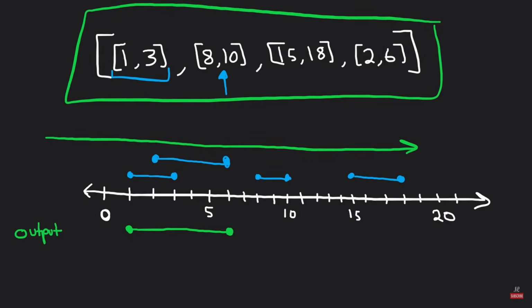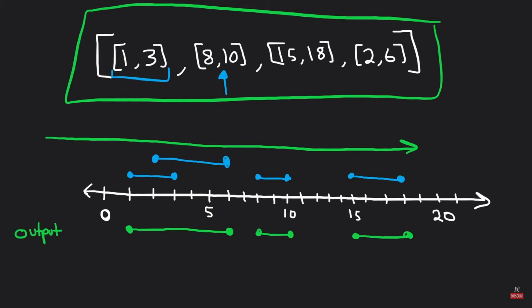Then we go to our next starting position, which is 8. So we have an interval from 8 to 10, and we know it does not merge with this one because they're non-overlapping. We got some space over here, right? Lastly, we go to this interval, and it goes from 15 to 18. We know it does not overlap with this one. There's all this space in between, right?